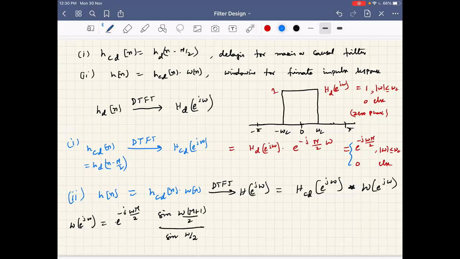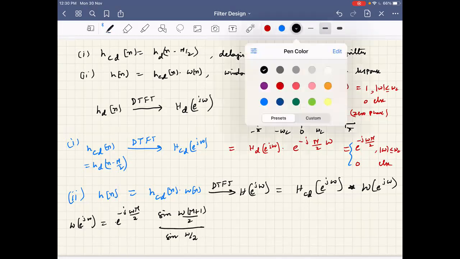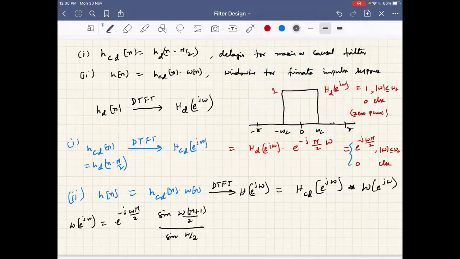This looks like a sinc function in the frequency domain. If you sketch the frequency response of the window function, it is a sinc function.